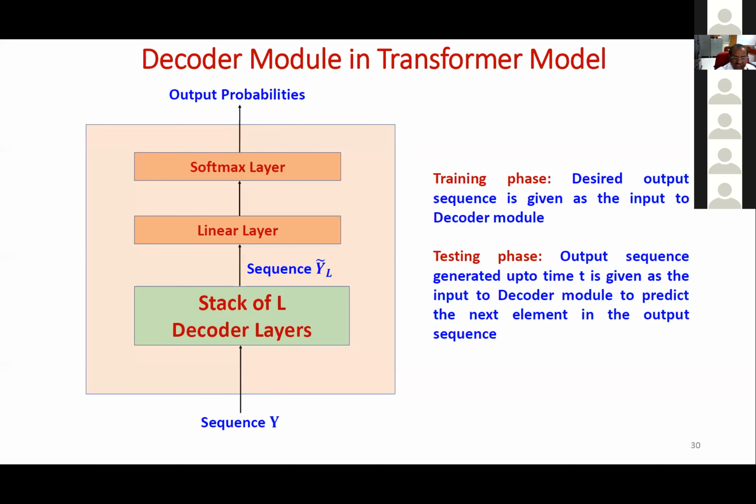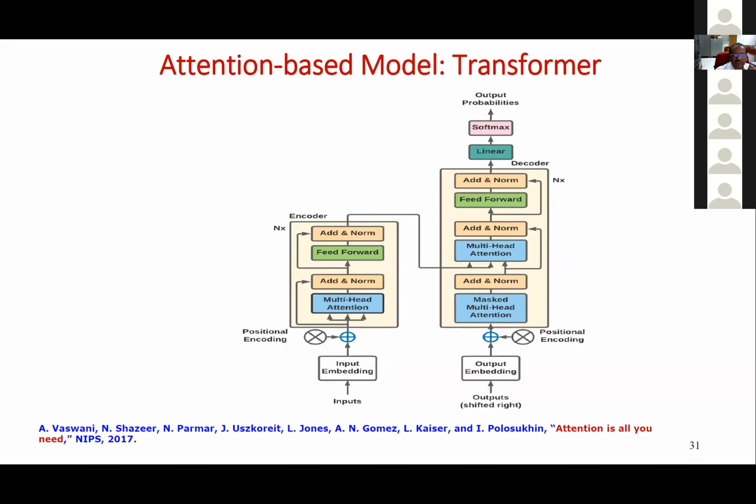Okay, so as you can see here, all these operations in the encoder and decoder modules in the transformer model are based on transformations, which are linear transformations or non-linear transformations, right? And there's a lot of scope for parallelizing the operations within the multi-head attention and within the position-wise feed-forward neural network. And that's what will enable us to train these models much faster than the LSTM models.